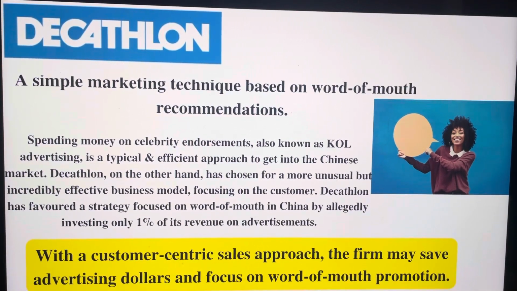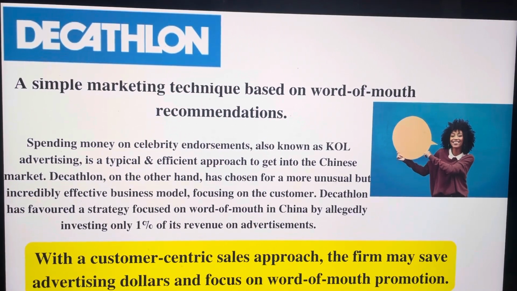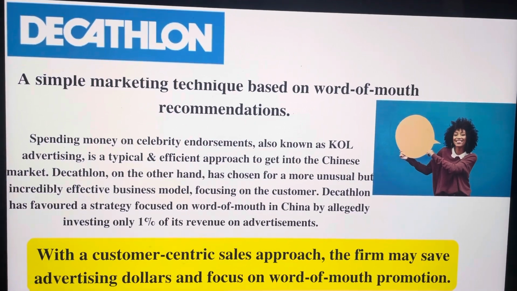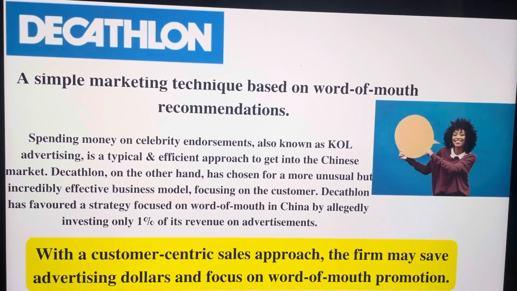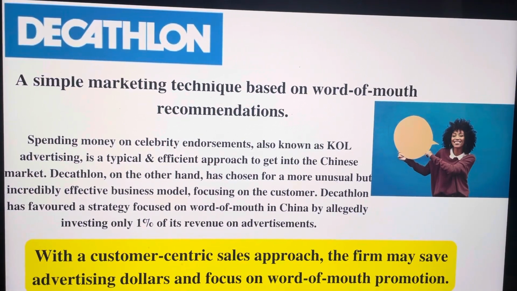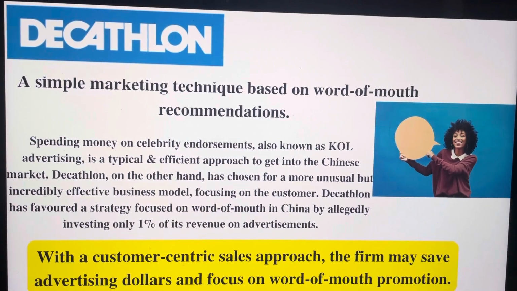To optimize their marketing audience in China, Decathlon China must invest in a large network of both traditional and virtual retailers. As China's economy shifts towards virtual shopping, online stores are becoming increasingly essential. With a consumer-centric sales approach, the firm should save advertising dollars and focus on word-of-mouth promotion.